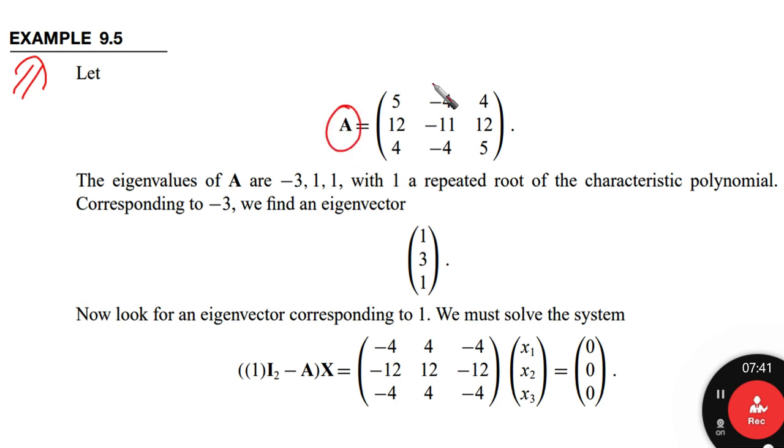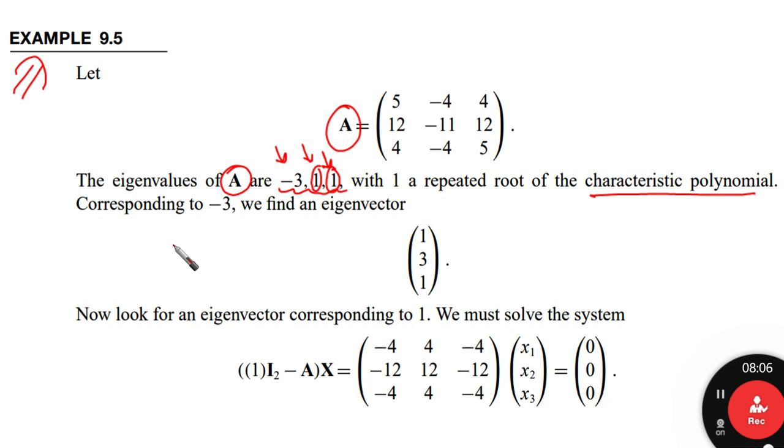Assume A equals this matrix. The eigenvalues of A, we can obtain as we have explained before, supposedly to be -3, 1, and 1. So here we have 1 and 1, a repeated root of the characteristic polynomial.